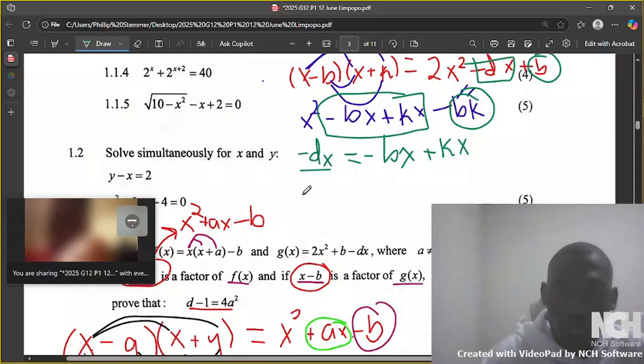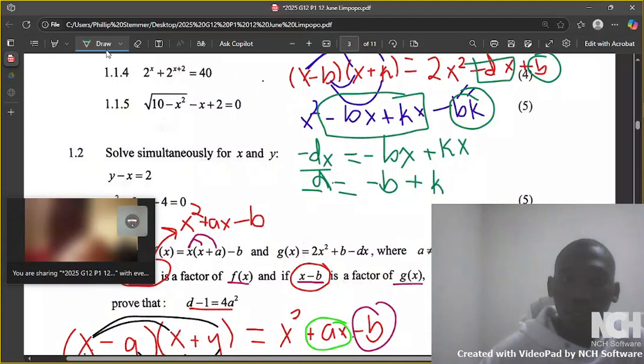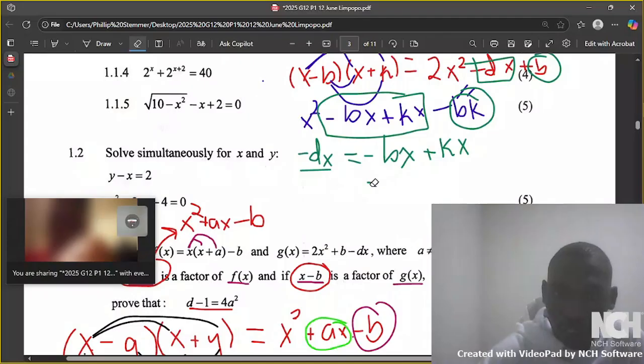Then negative b equals to negative b plus k, kx. The next step is to divide by x all over.